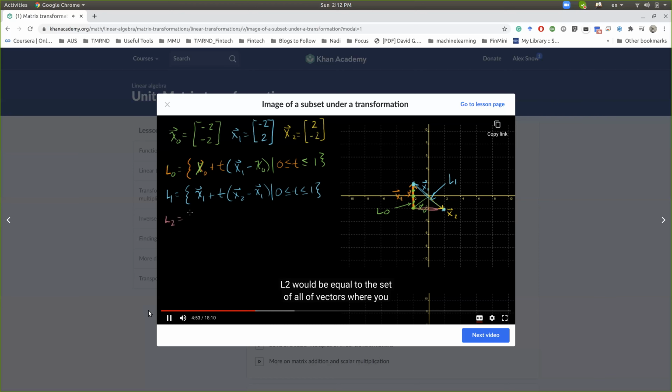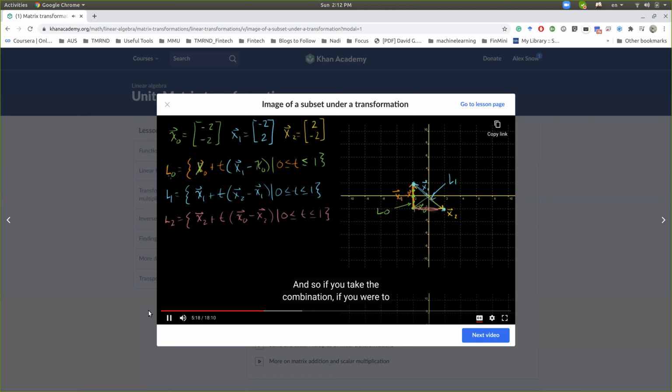L2 would be equal to the set of all vectors where you start off at x2, plus some scaled up version of x0 minus x2. x0 minus x2 is this vector right here, such that 0 is less than or equal to t is less than or equal to 1.